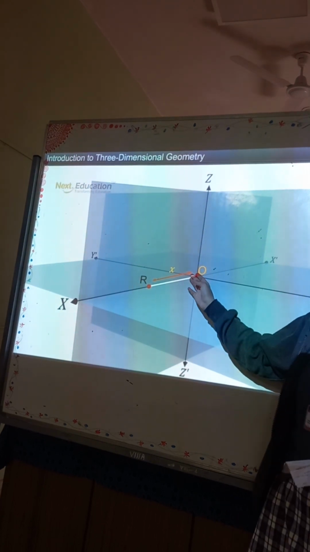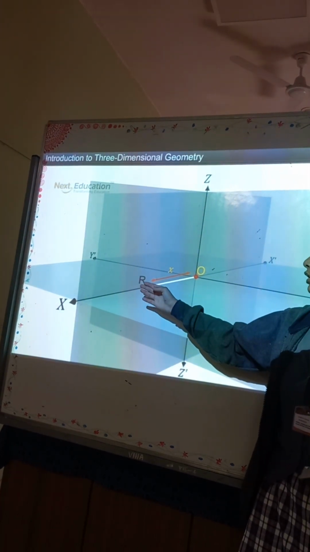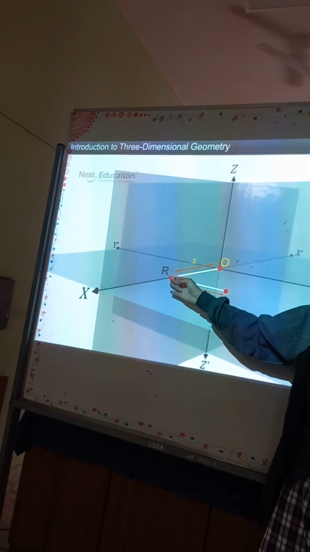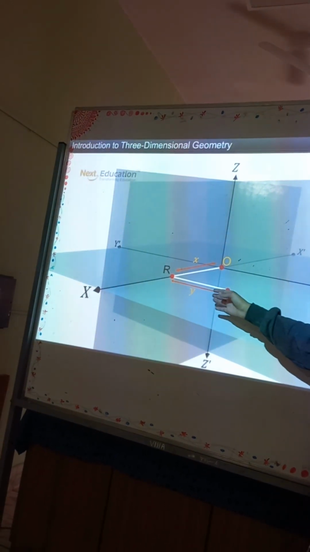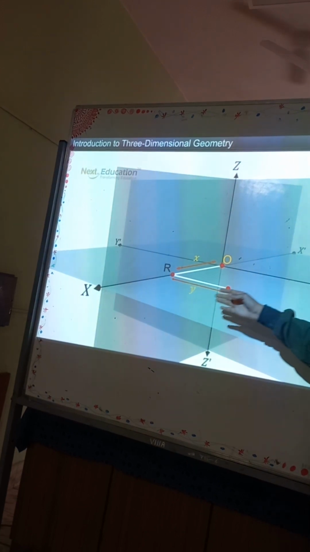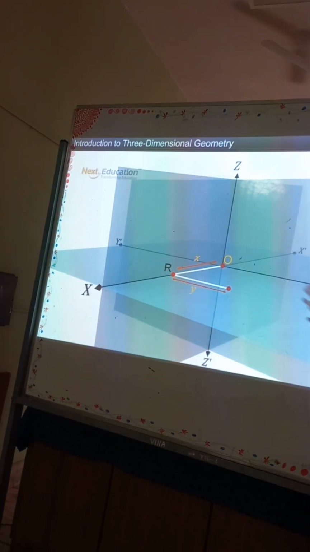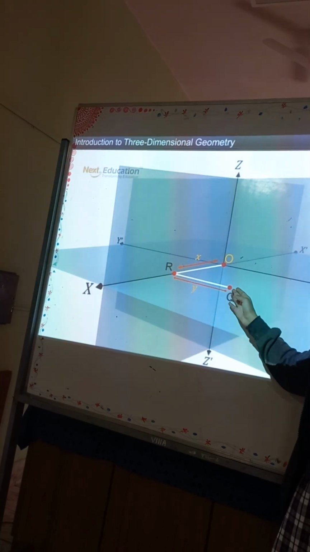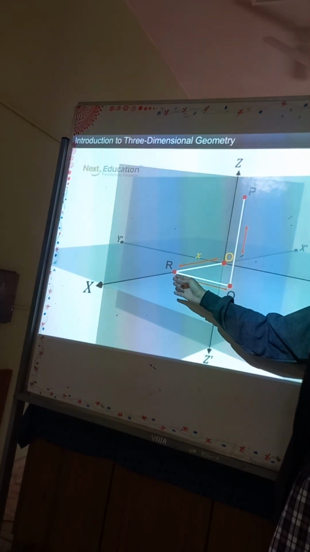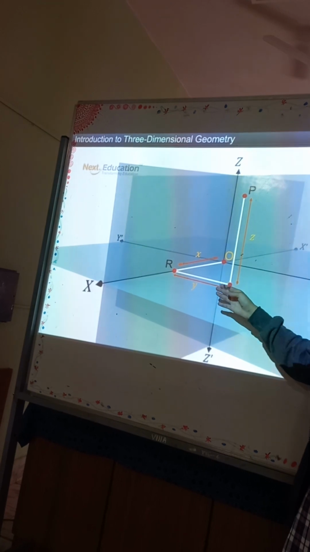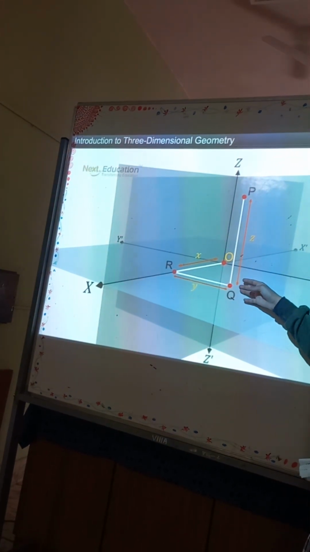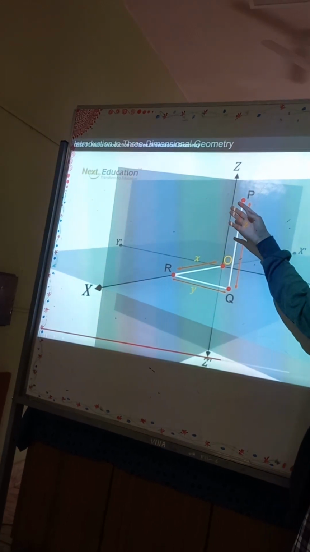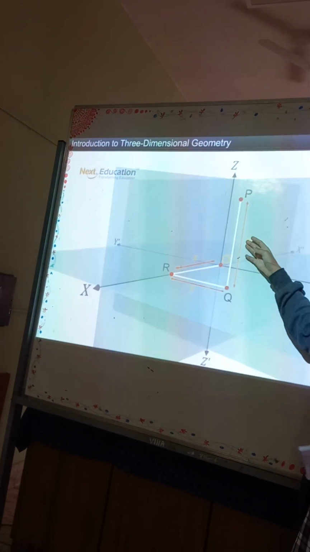So from the origin, move x units on the positive x axis and mark a point R. From R, move perpendicular to the x axis on the xy plane, parallel to the y axis, till a point Q, which is y units from R. Now from Q, move perpendicular to the xy plane till a point P, and QP is z units.